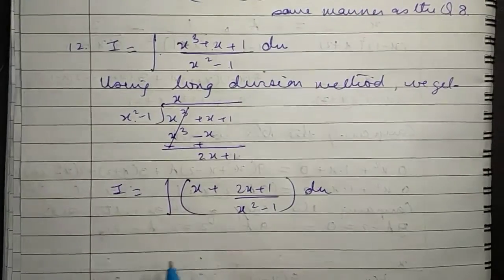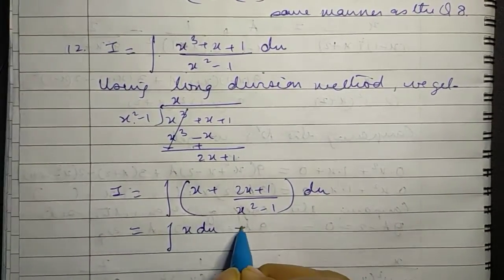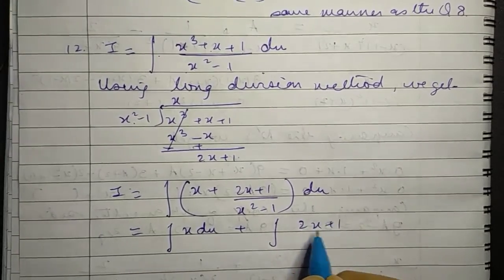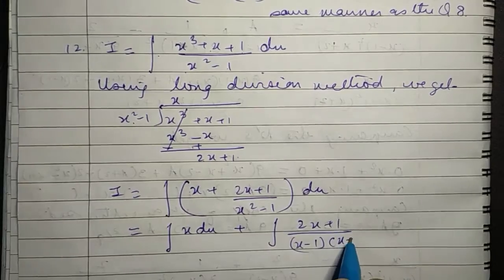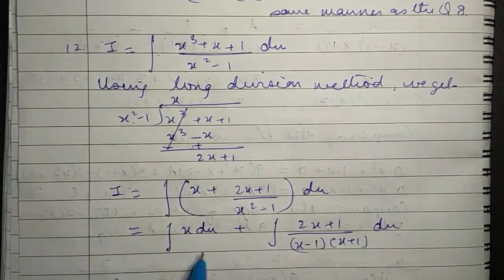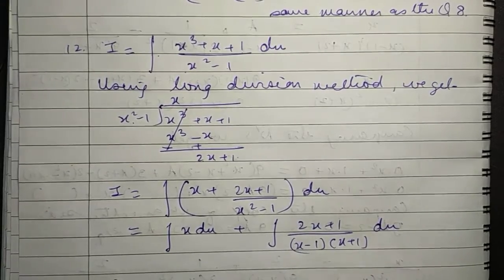which can be clearly and easily solved as x dx plus integral of 2x plus 1, and this can be factorized as x minus 1 into x plus 1 into dx, which can be easily solved by resolving this into partial fractions.